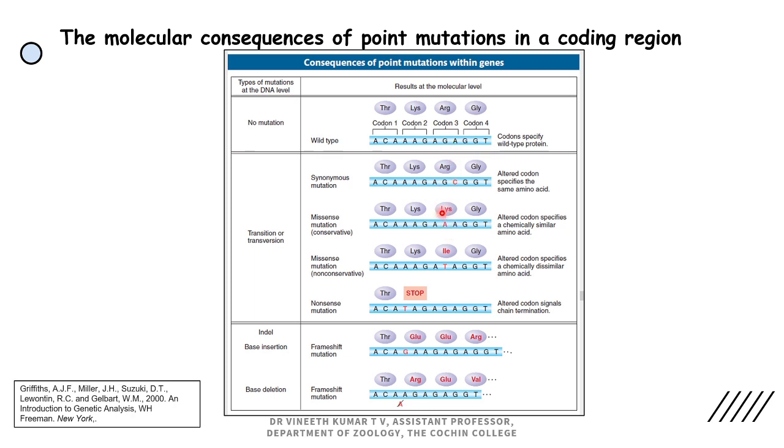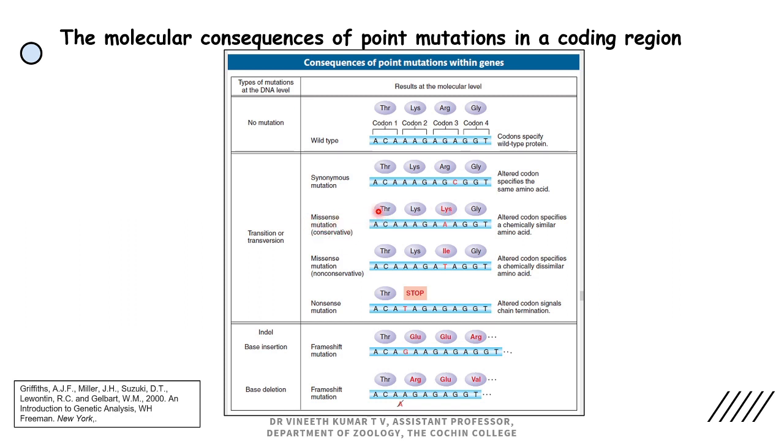Both are purines, so this base substitution is called a transition. With this transition, instead of arginine, another amino acid is being coded, and that amino acid is lysine. Lysine is coded instead of arginine, and this is called a missense mutation.